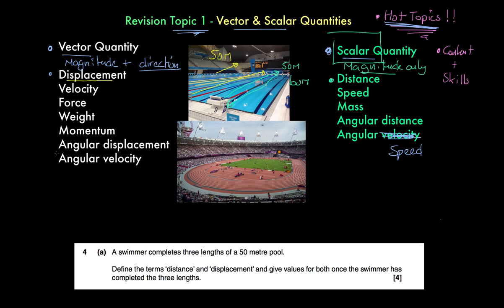By the way, with angular displacement and later with angular velocity, we would describe it as the turning of a circle. So we would refer to it as some number of radians or degrees, clockwise or anti-clockwise, more of which later on. So what we're saying though is, in terms of displacement, if the athlete swims back in the 100 meter freestyle, say, then their displacement is 0 meters.